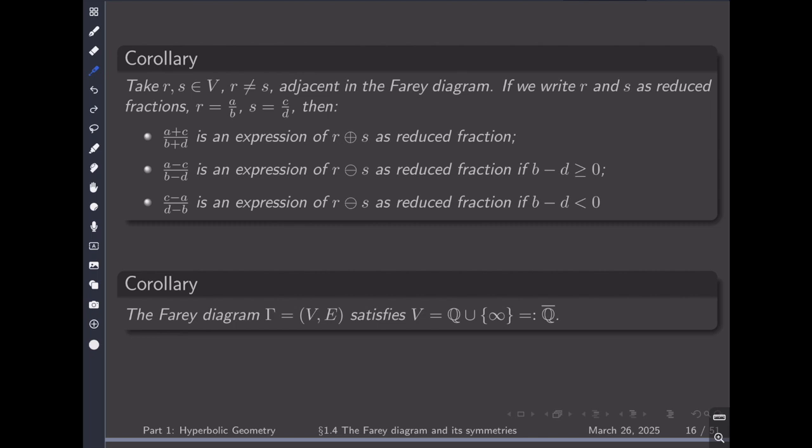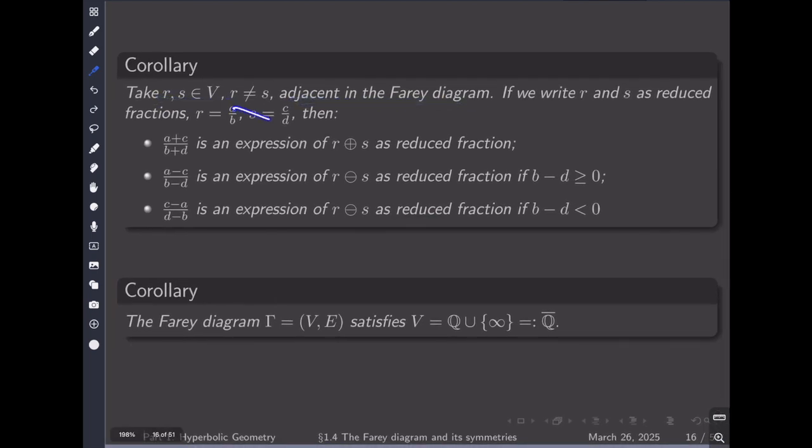And moreover, if I have two rational numbers adjacent in the Farey diagram, so that this determinant is plus or minus 1, then for instance the determinant of this one against the naive addition is also plus or minus 1, because if these were connected, then these are connected in the Farey diagram.